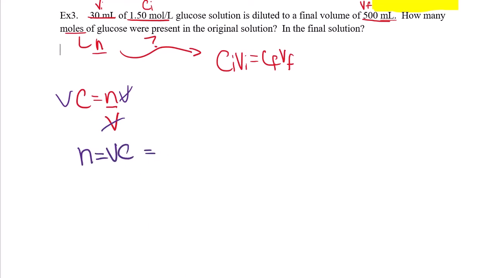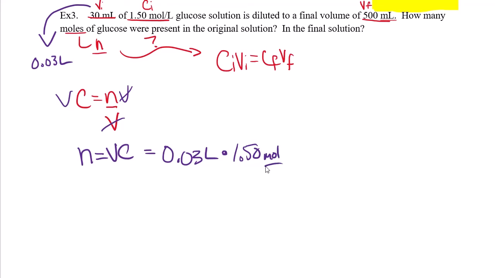So my volume here is 30 milliliters. Now, for this formula, I need this to be in liters. So I take this 30, divide by 1,000, 0.03 liters. So we can plug that in here, 0.03 liters, multiplied by my concentration, which is 1.50 moles per liter, which gives us 0.045 moles.